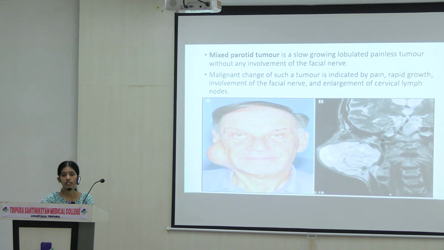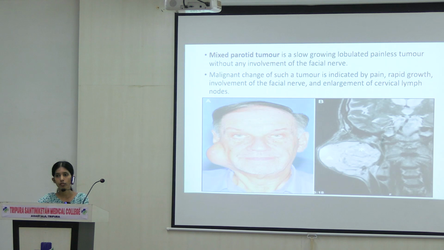In your parotid region, we have 2 important structures. The first one is parotid gland and another one is facial nerve. Your parotid gland is the largest salivary gland present in our body and it weighs around 15 gram to 25 gram. It is present below your external auditory meatus between the sternocleidomastoid muscle and the ramus of the mandible.